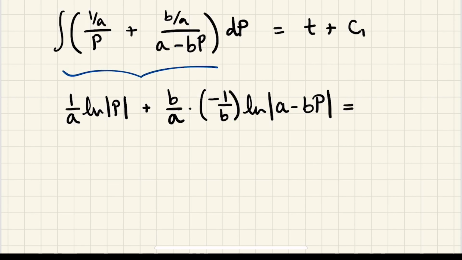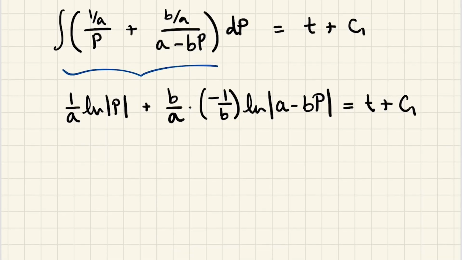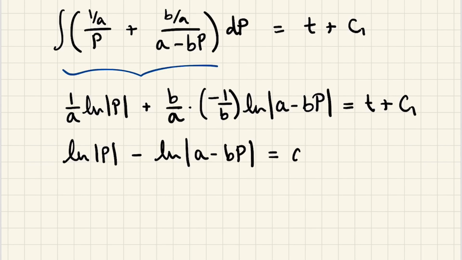And this is equal to t plus our constant, c1. All right, let's clean up the left here, and we actually can isolate p. So first let's multiply everything by a. So we get ln of absolute p minus ln of absolute a minus bp, because those b's canceled, is equal to at plus c2.